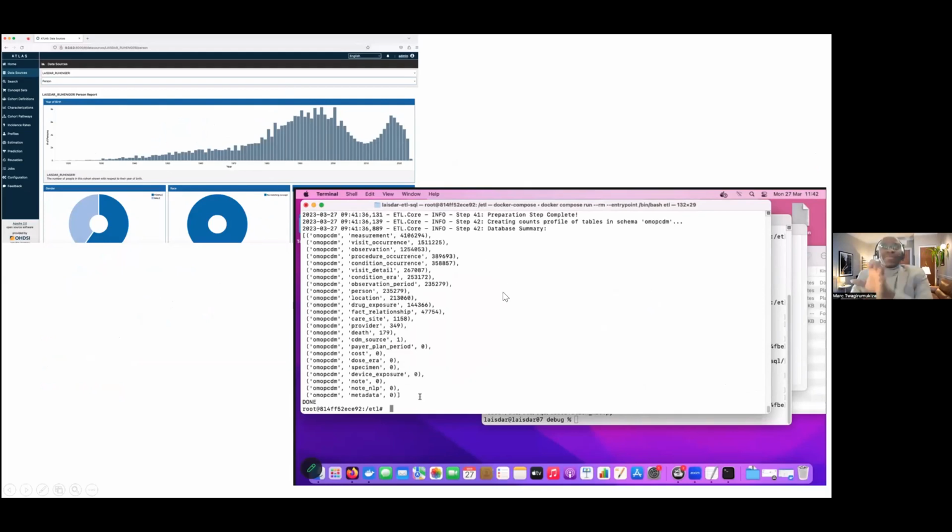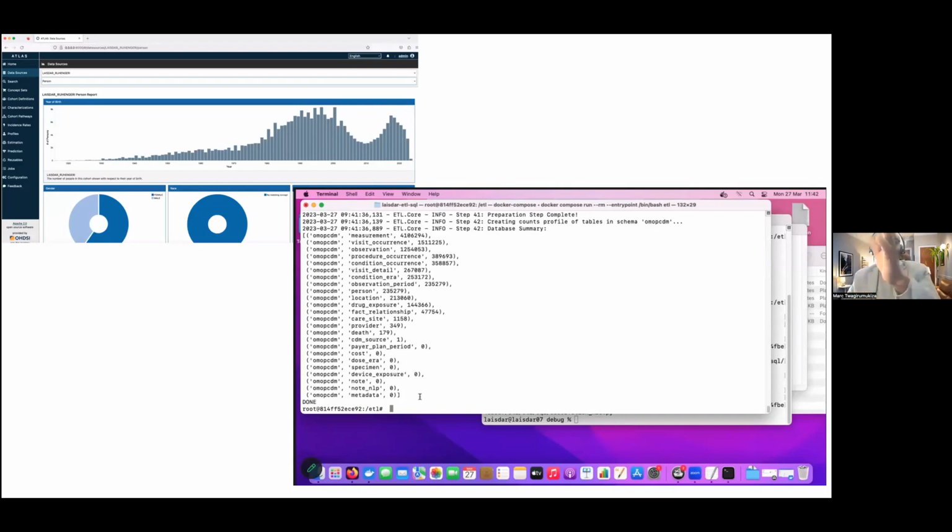This is a dashboard showing the age of people in this hospital. Below, once you have run ETL, you see we have 4 million measurements, visit occurrence of 1.5 million, and 1.2 million observations. So at the end of ETL, you can see how many data points you have.